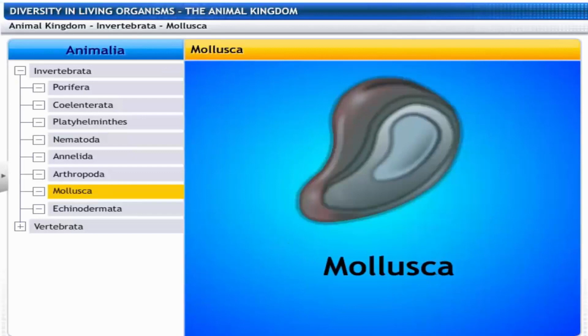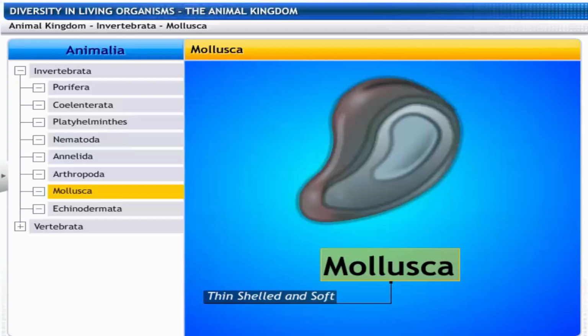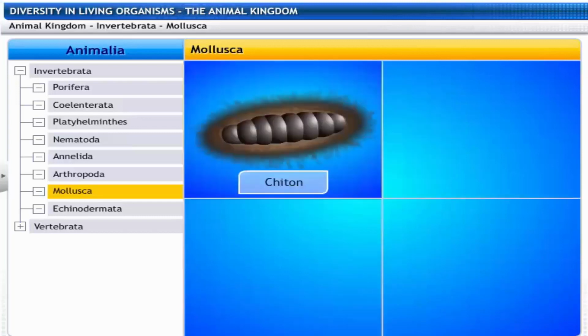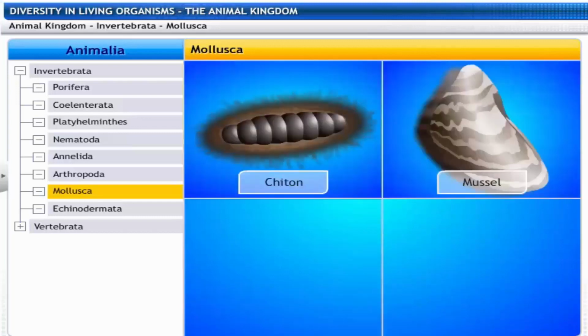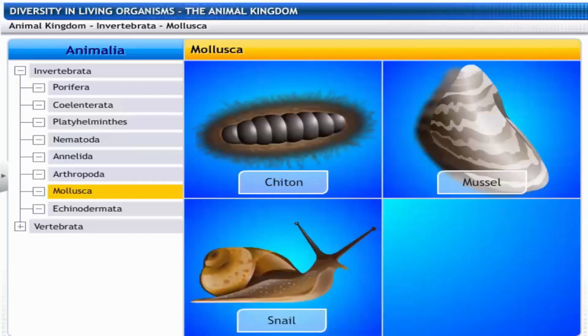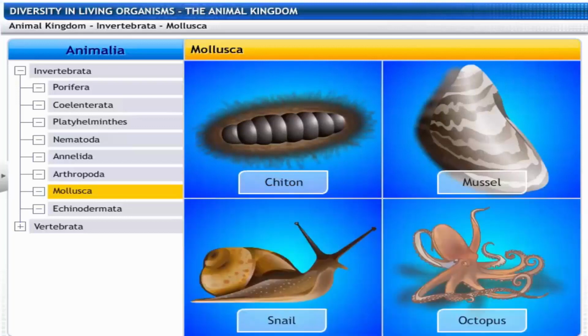The name mollusca is derived from Latin. It means thin-shelled and soft. Phylum Mollusca includes chitin, mussel, snail, and octopus.